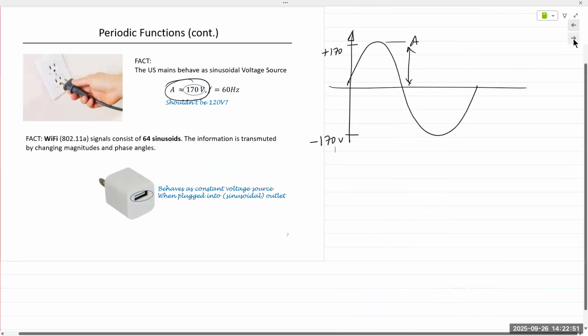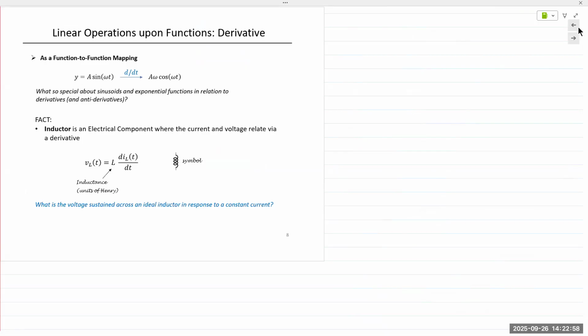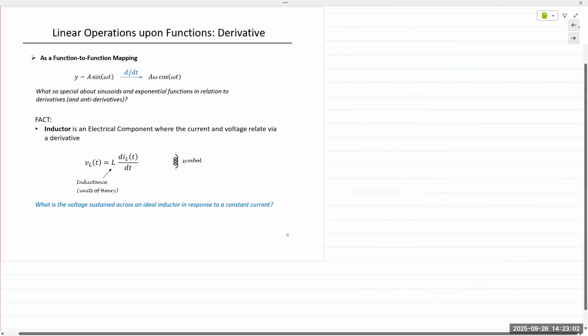All right, let's talk about capacitors and inductors. All right, derivative functions. Now, we talked about wires, right? A wire is a conductor.